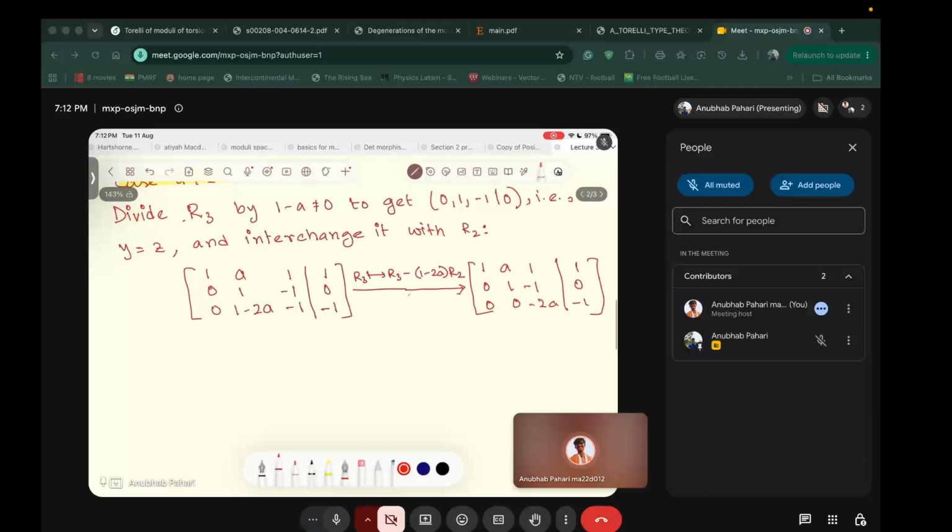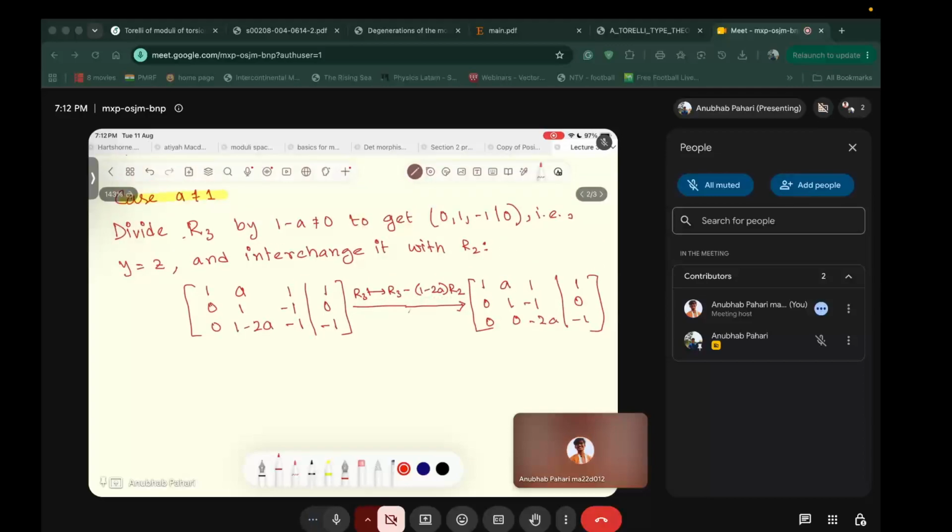So there are two subcases to follow, that is a equals 0. There the last row is 0 0 0 minus 1.